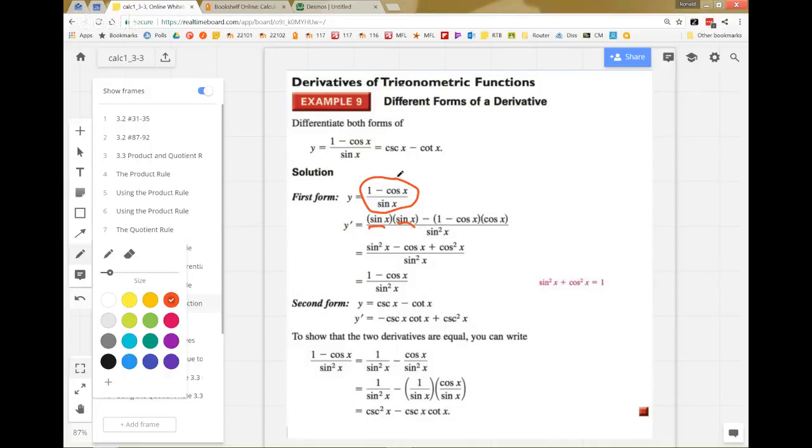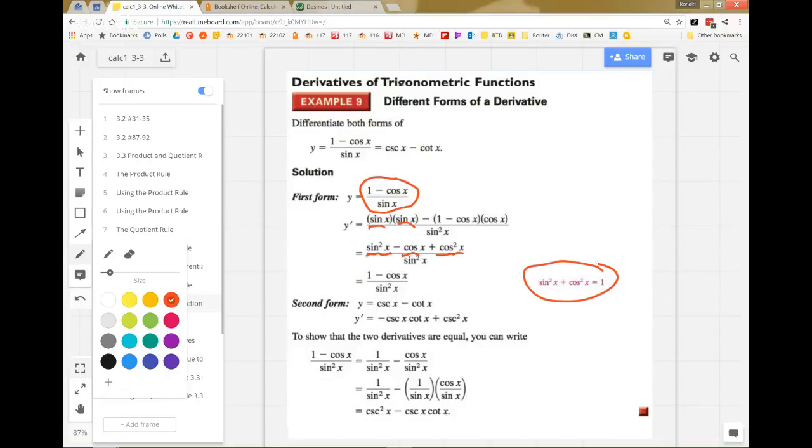Minus the numerator times the derivative of the denominator. Derivative of sine is cosine. All right. So now when you multiply this thing out, what's sine times sine? Sine squared. What happens when you do this part? After you work it all out, you get this. And now, remember this identity from trig?